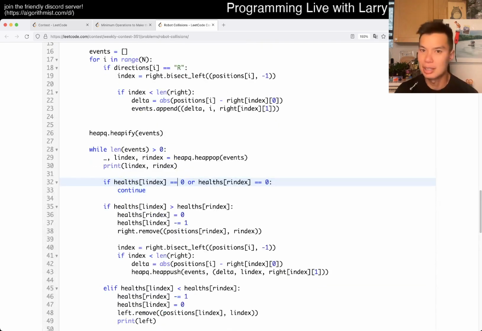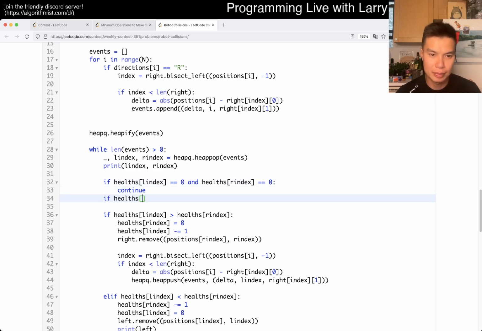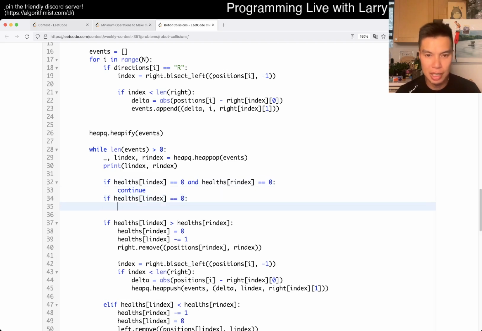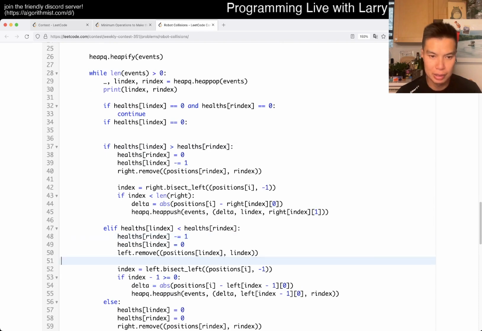What I need is that, given that this is dead, I need to re-queue the other one. Okay, fine. If they're both dead, then we can continue, I guess. But otherwise, if the other one's alive, then we have to re-queue the closest one for right. So it's as if the right one. So then basically it's this part.